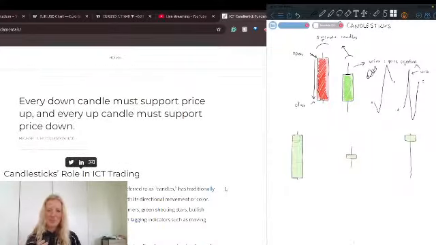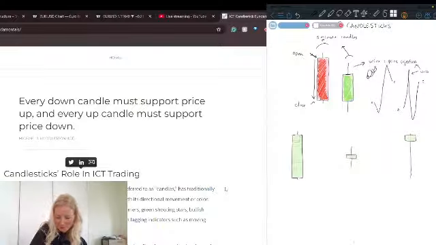Okay, so now that I understand the candle anatomy, like the open, the close, the wick, what's also interesting is that right here you have a really big body. Big body. And apparently that means it's a strong move.